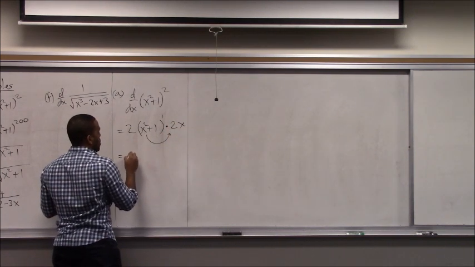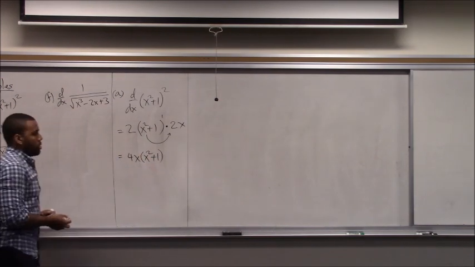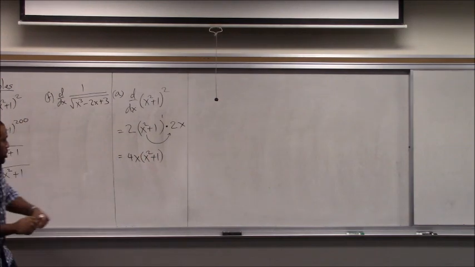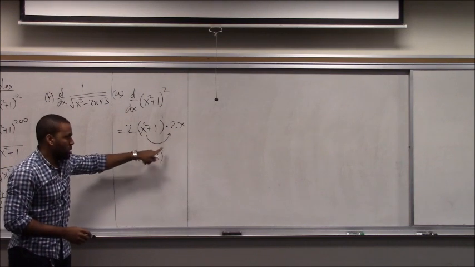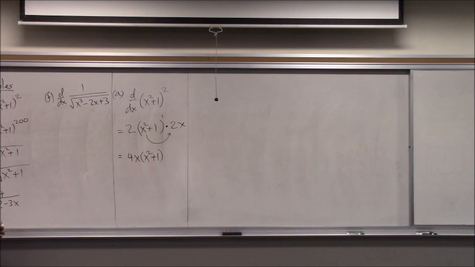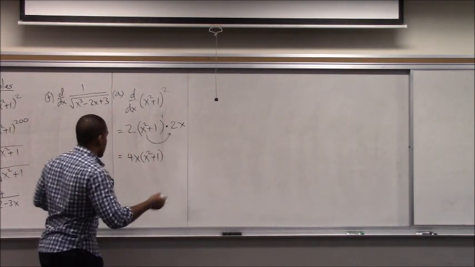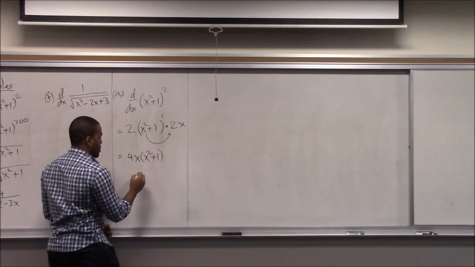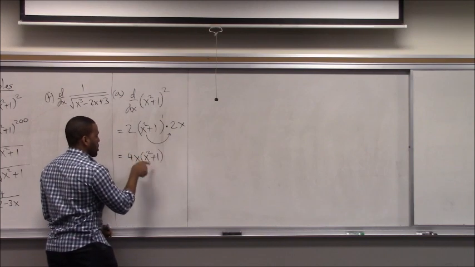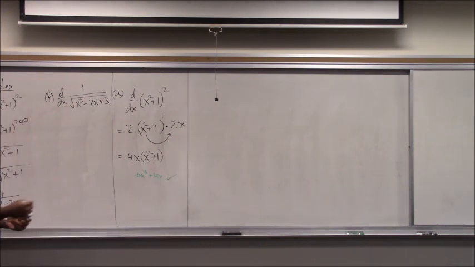And then now you multiply them. You could multiply these guys here, just the outside first. In general, you don't have to multiply the inside because usually the power is going to be something wacky that you can't bring inside anyway. But just to check with what we had before, if I multiply this out, this would give you 4x cubed plus 4x, and you'll notice that's what we got last time when we did it the long way.